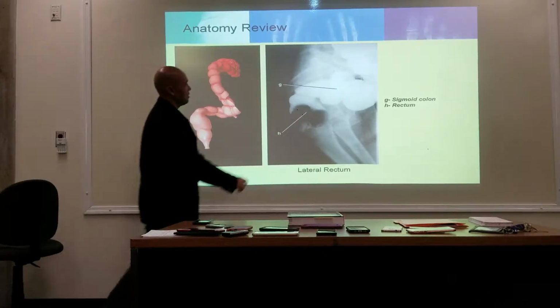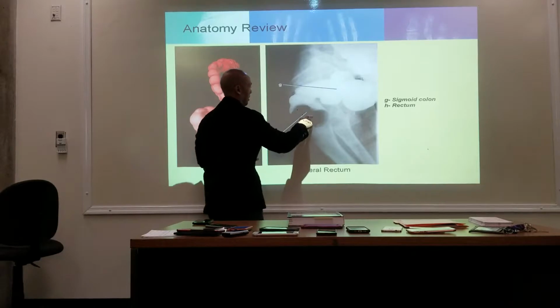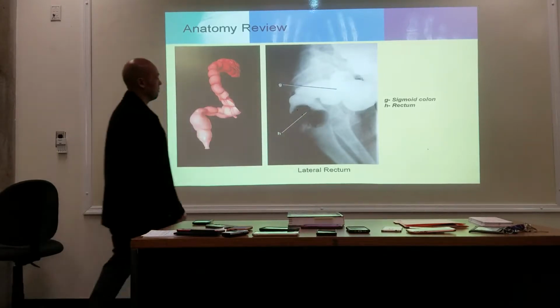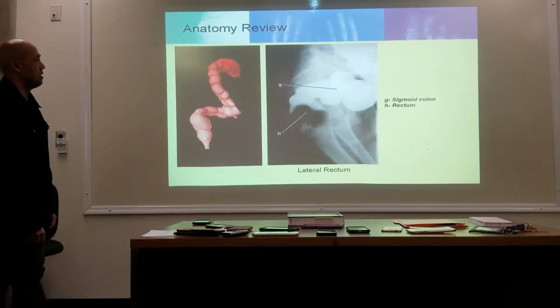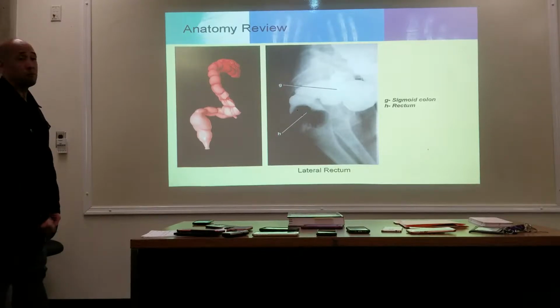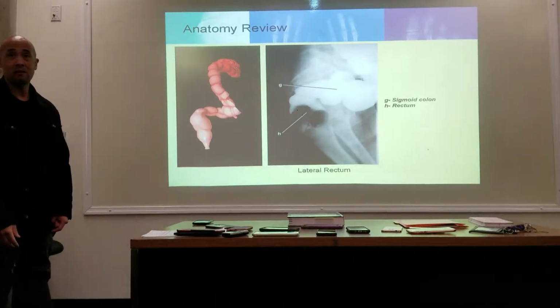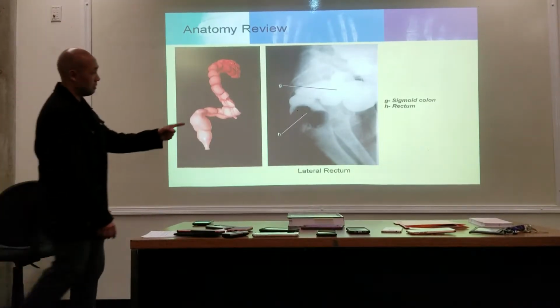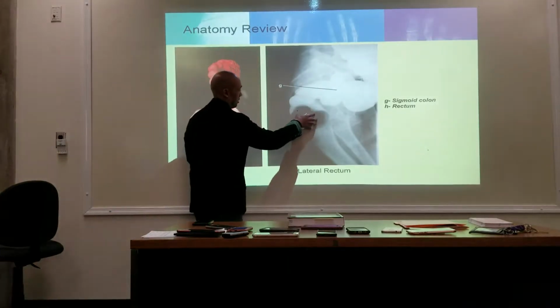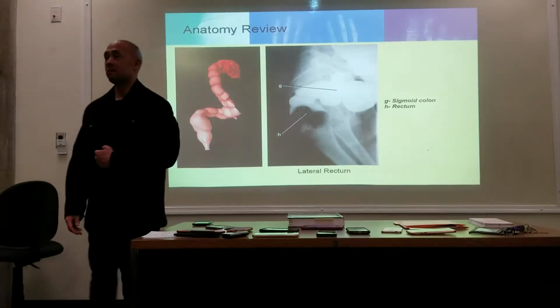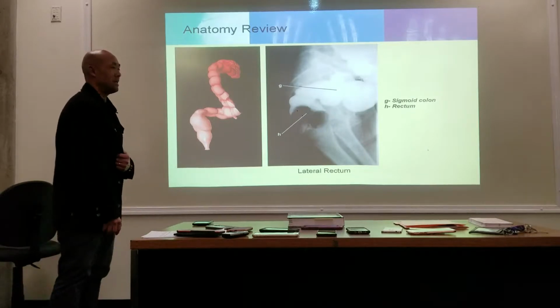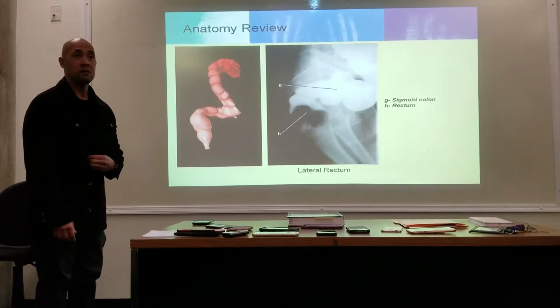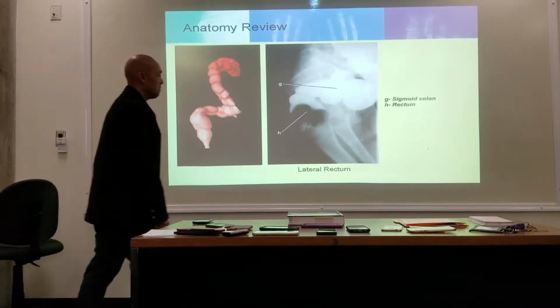Notice that you see all this filled up with air, and then you have that little black thing over there. What's that black thing? Isn't it supposed to be solid, poop? White is barium. This dark area in the rectum is air, gas. It's a fluffy poop, shows up black.